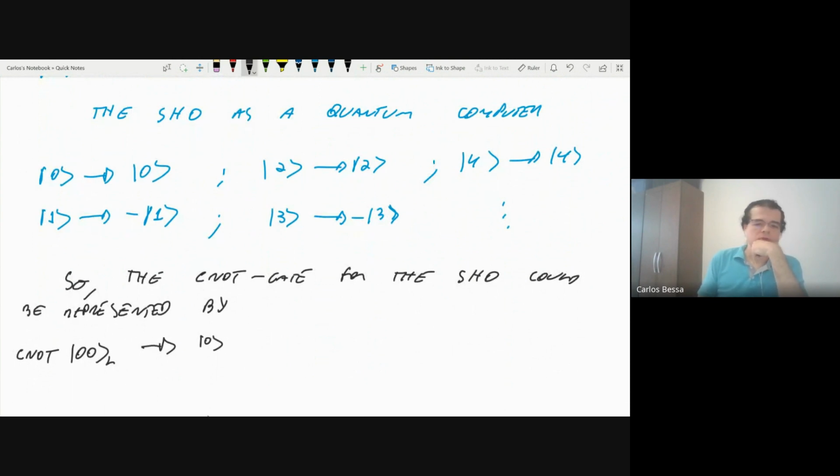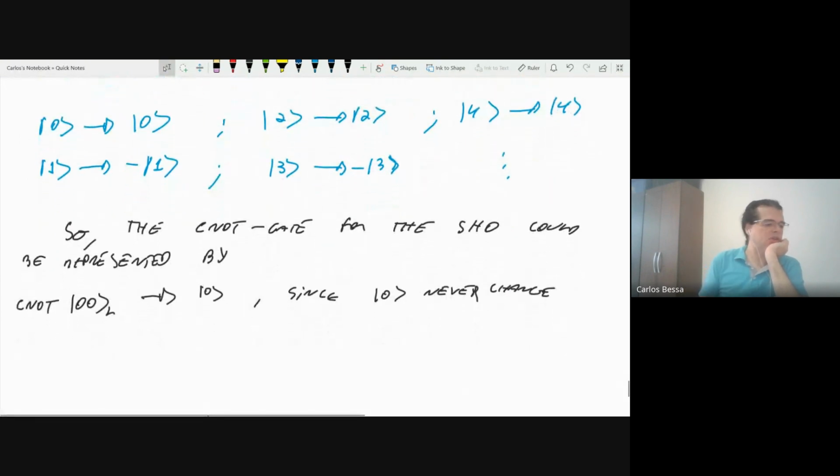So let's put here, since this state 0 never changes, it doesn't matter if n is odd or even. Never. And the same thing for this one here.